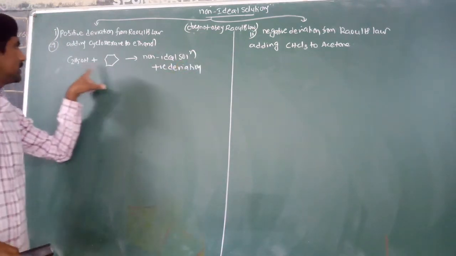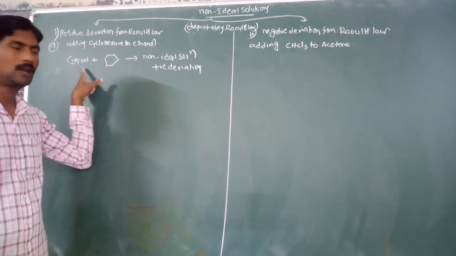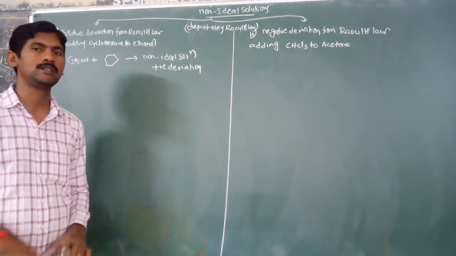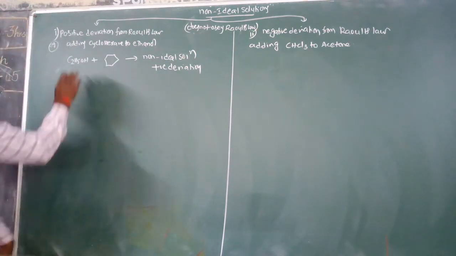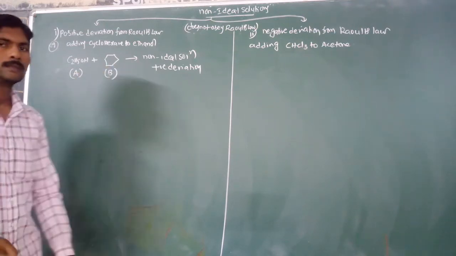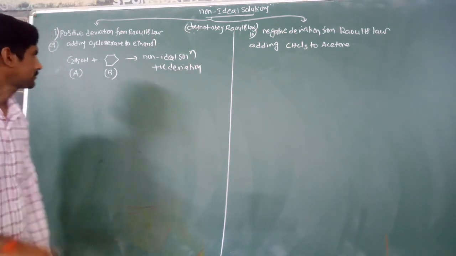Adding cyclohexane to ethanol can form a non-ideal solution which shows positive deviation. For example, ethanol is component A, cyclohexane is component B.